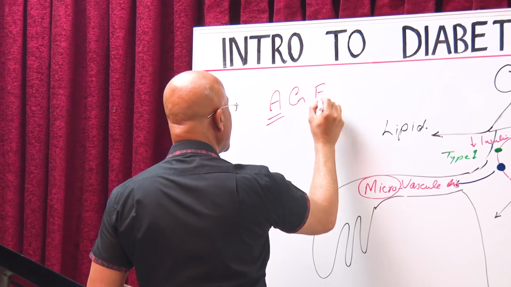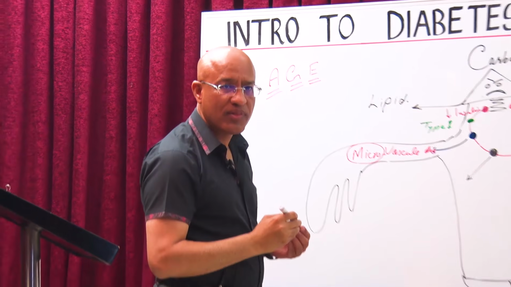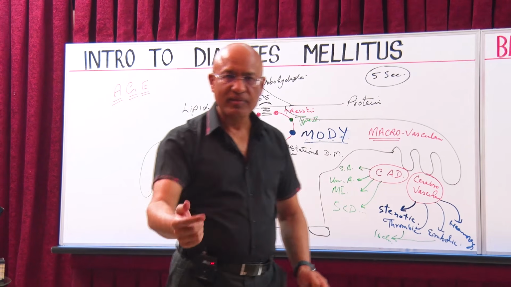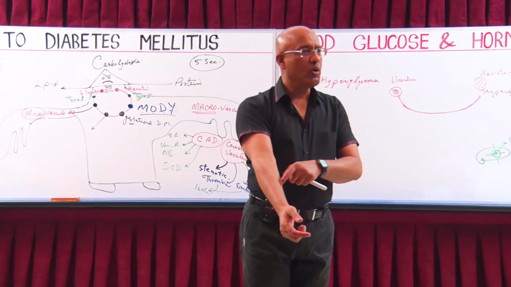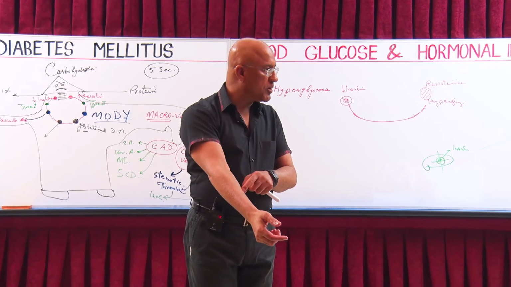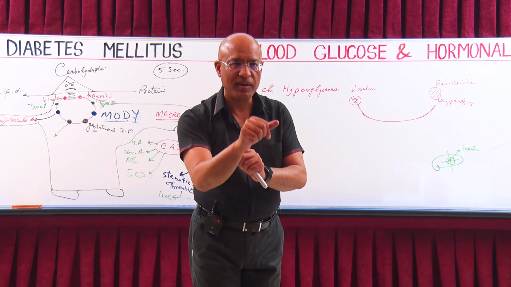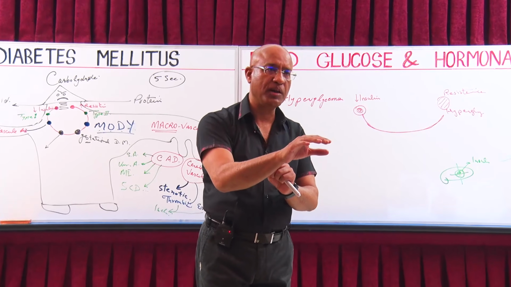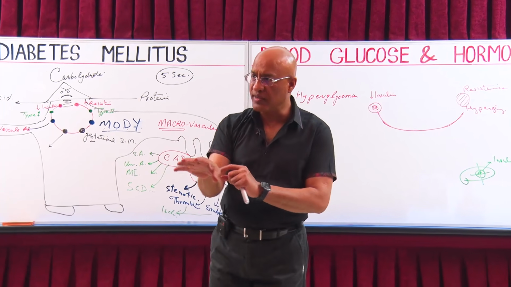Advanced glycation end products. In the small vessels, what really happens? The basement membrane becomes thick. Initially this process is reversible, but over time it becomes irreversible because these abnormalities become very stable. Is that right?